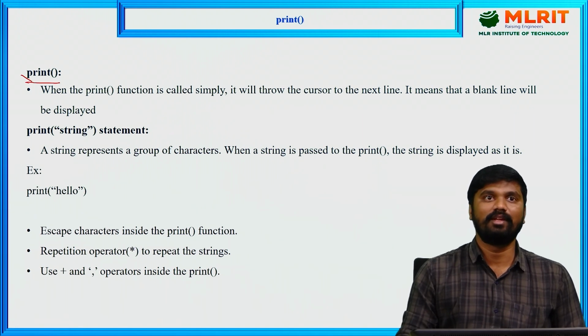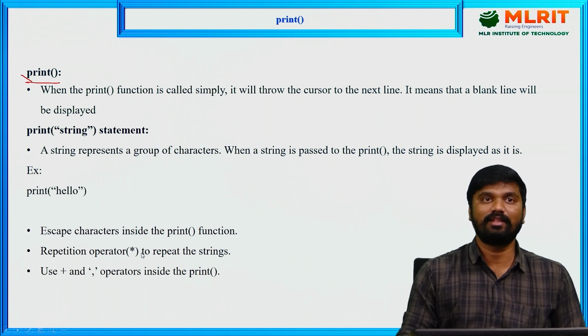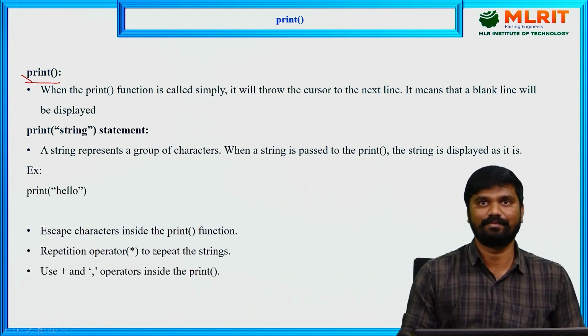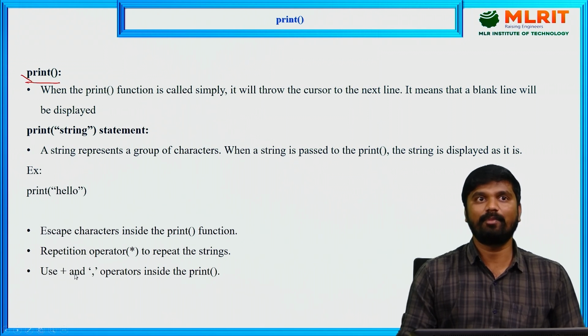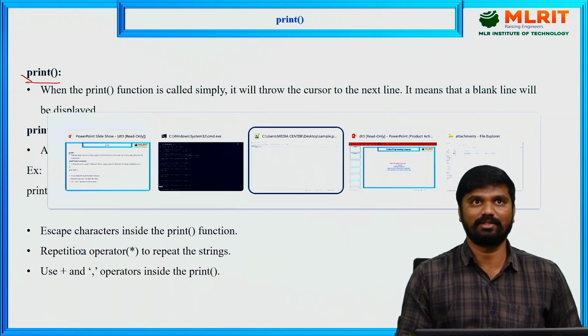By using the repetition operator, we can display strings in a repeated manner. Next, the plus operator and comma operator can be used inside the print function. What is the purpose of the plus operator and the comma operator? Let me show examples for these three.